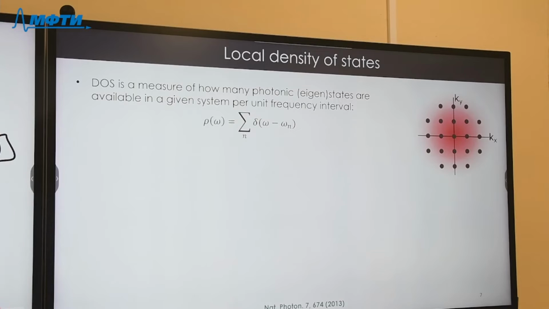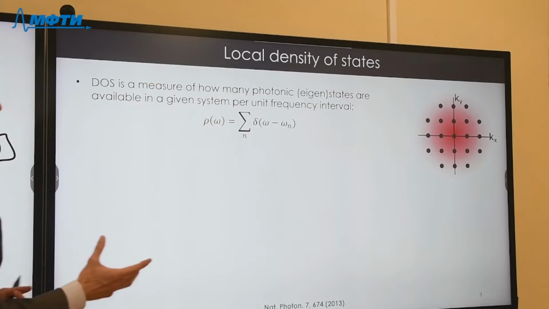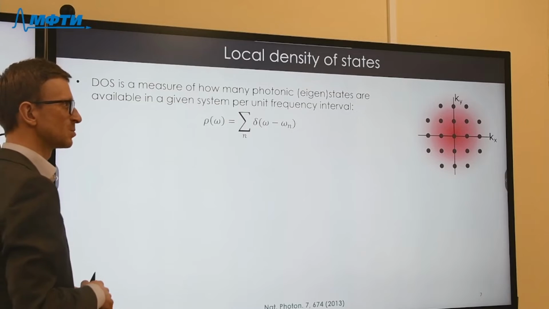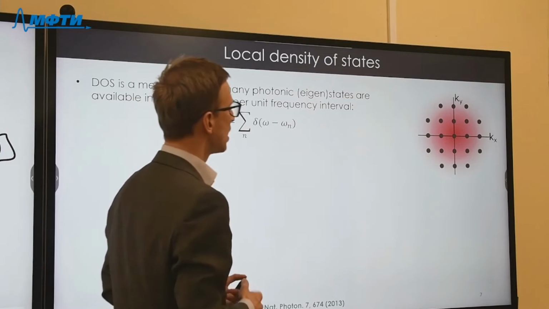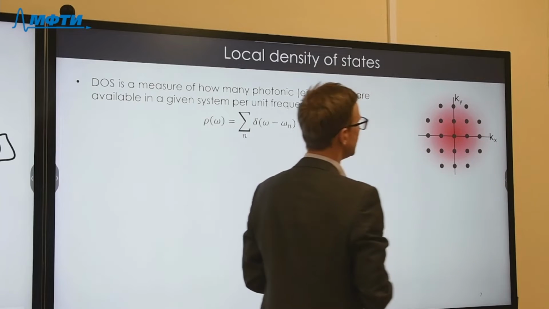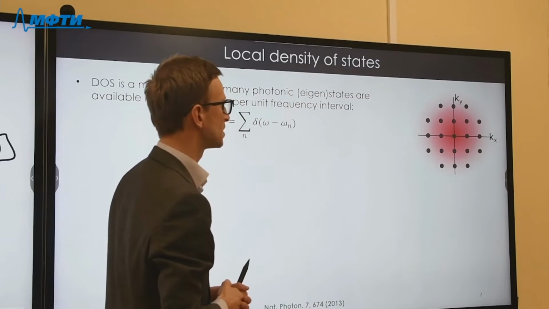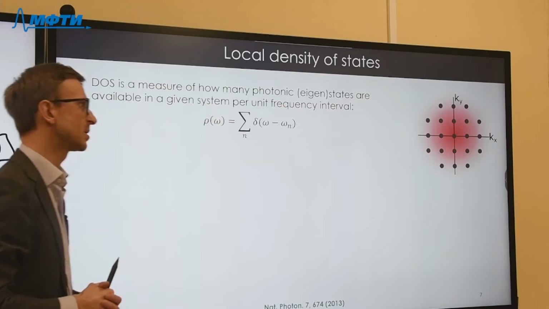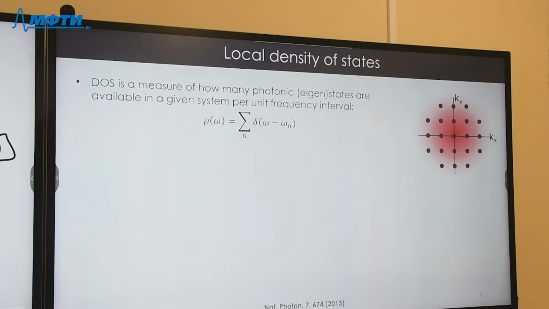And this can be visualized in a very simple, primitive way for electromagnetic modes of free space. Electromagnetic modes of free space are transverse plane waves that propagate in all possible directions. For the sake of visualization, I illustrated here a two-dimensional k-space described by wave vectors kx, ky, and each mode is described by a dot, by a circle, and each mode occupies a certain phase space in this configuration space.